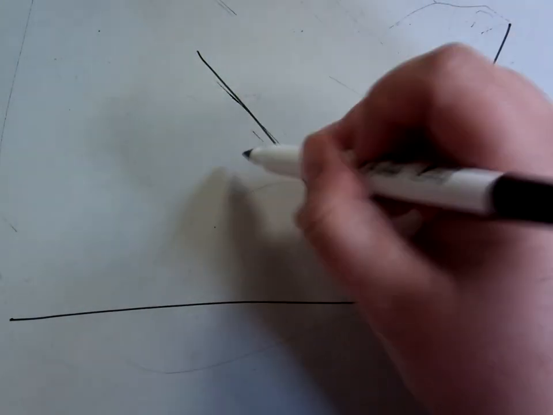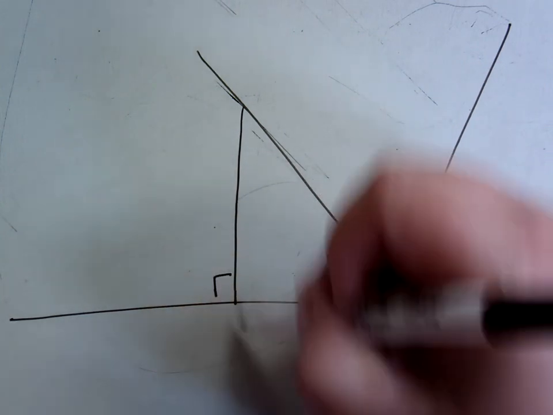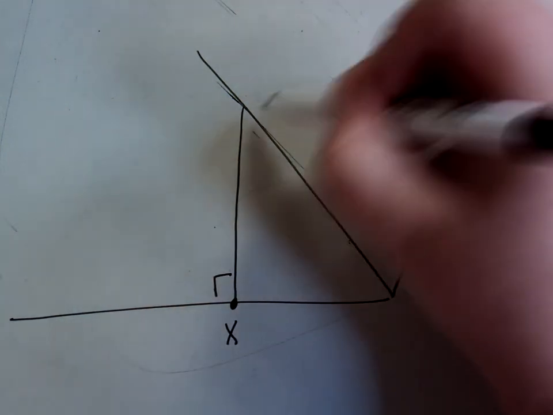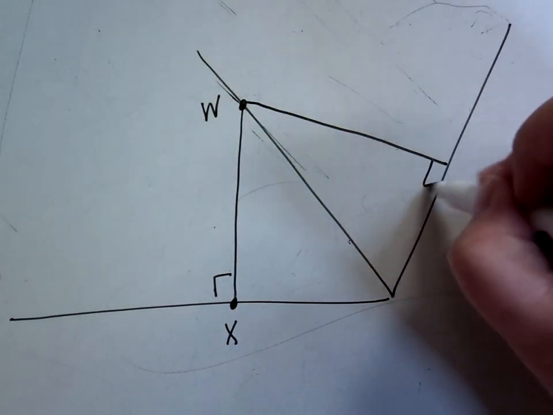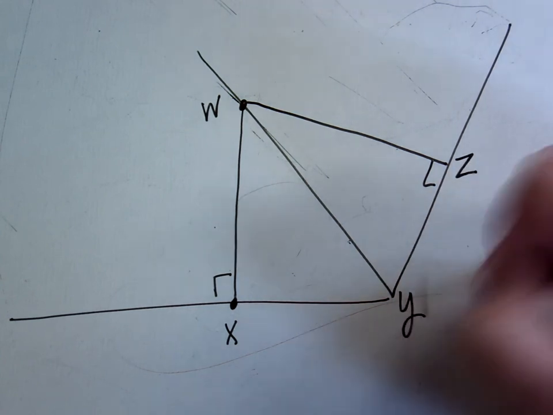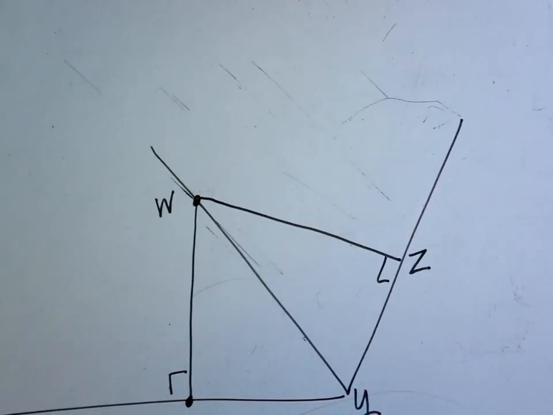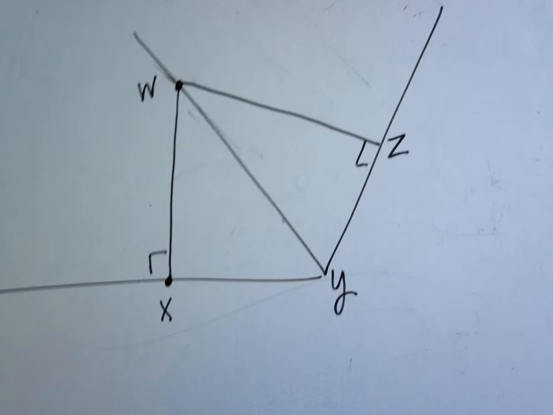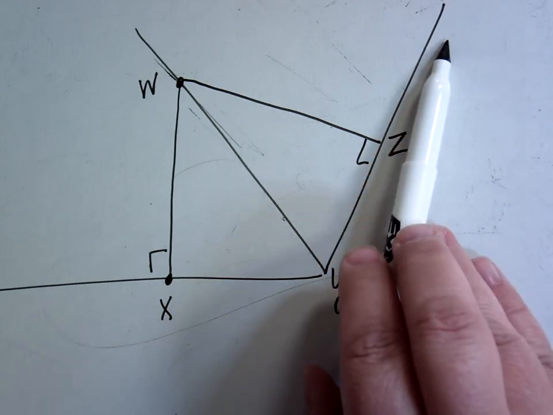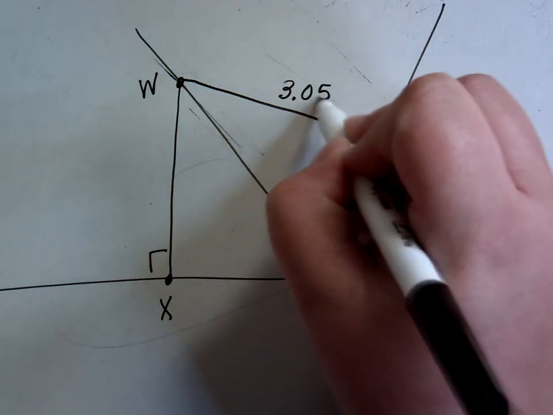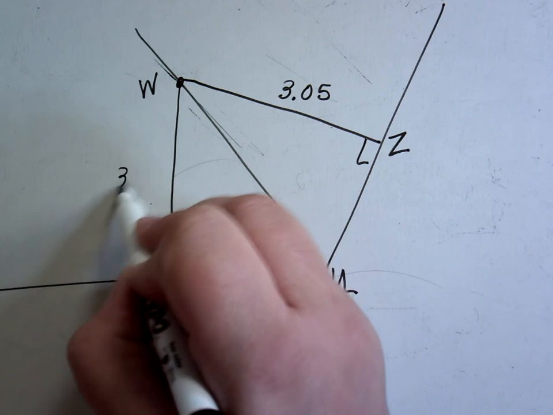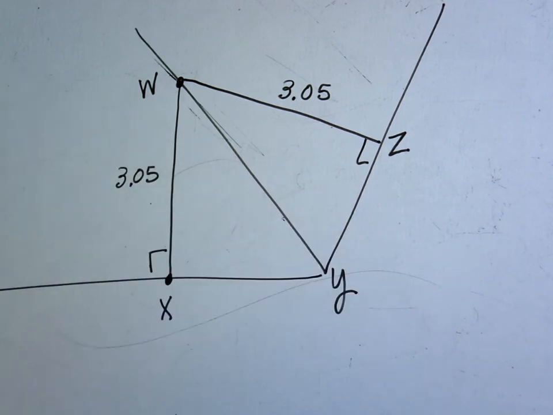Here is point X, point W, point Z, and point Y. Okay, so it says given that ray YW bisects angle XYZ and WZ is 3.05, find WX. Well, that would also be 3.05. Ta-da! Again, remember these are right triangles, so I could do things with that with Pythagorean theorem.